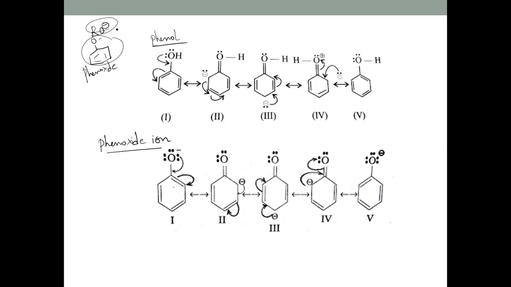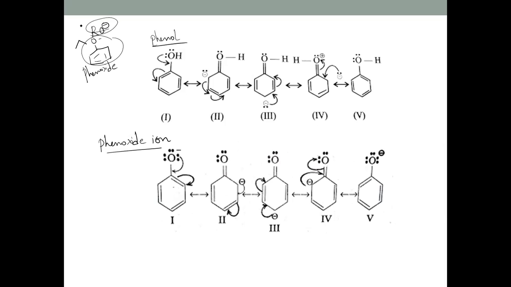So since alkoxide ion does not have resonance structures, phenoxide ion is more stable than alkoxide ion. So it is easily formed. Phenoxide ion is formed more easily than OR minus, that is alkoxide ion, because phenoxide ion is resonance stabilized.